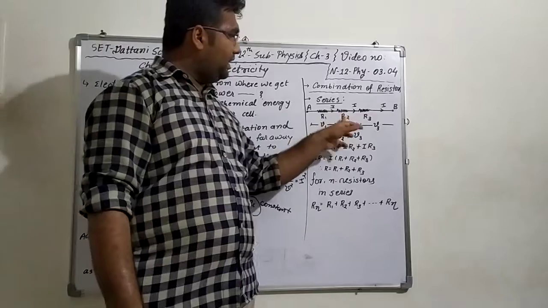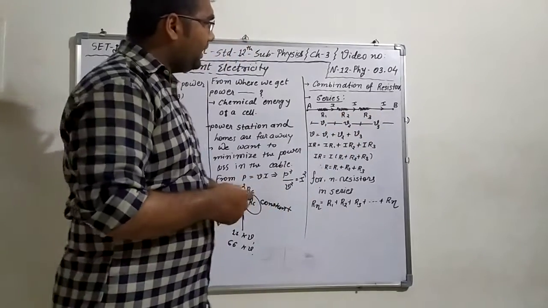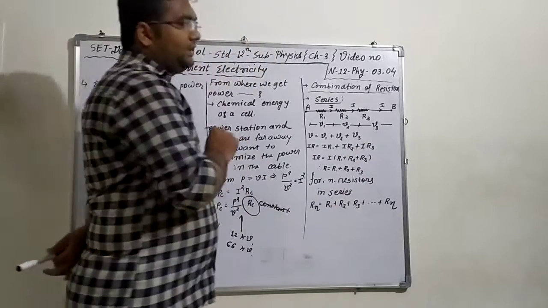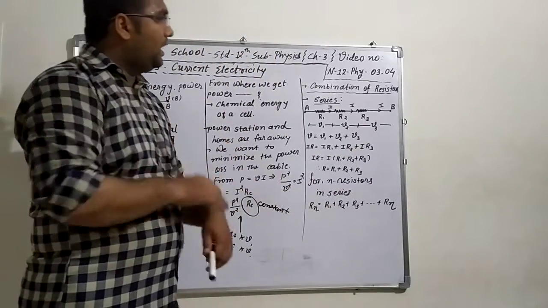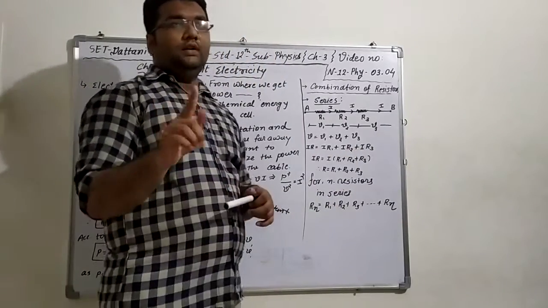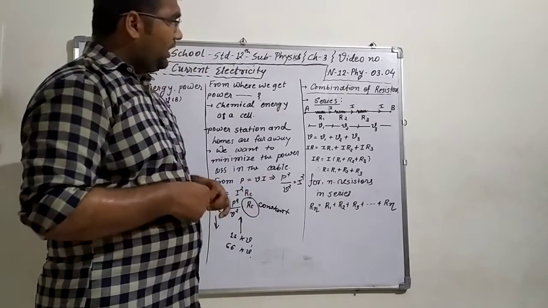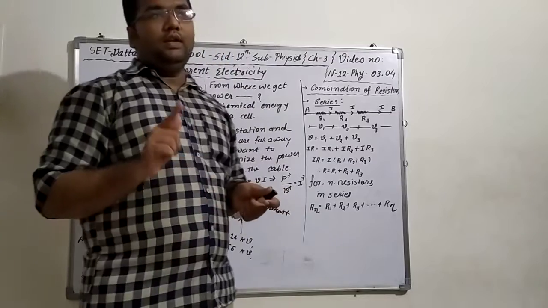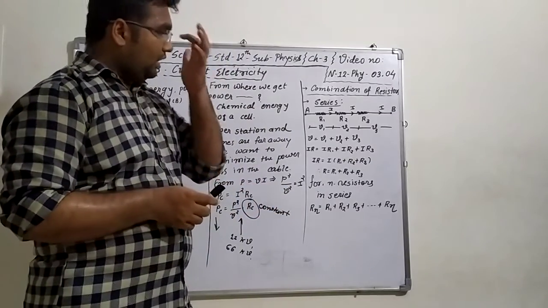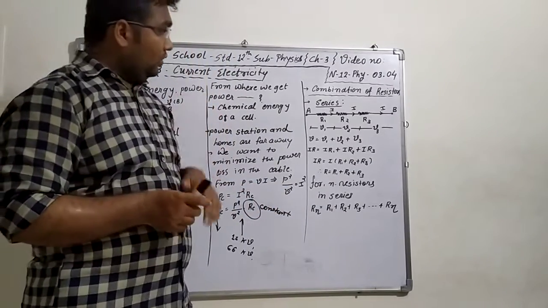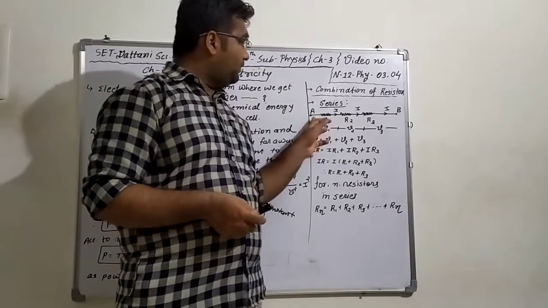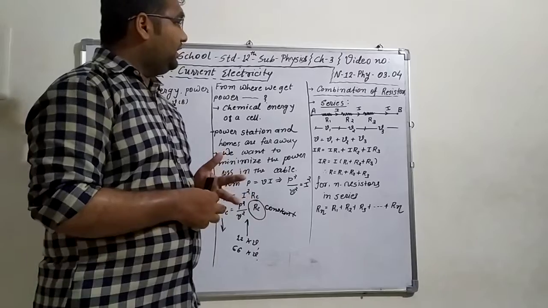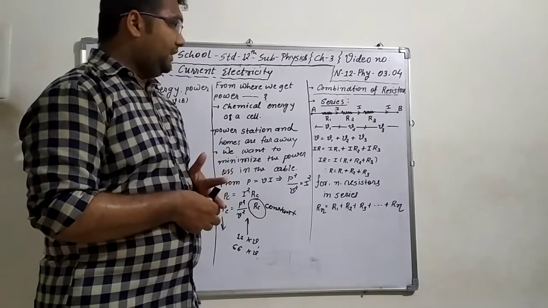You can see in the circuit diagram, between A and B, all resistors are connected end to end, and there is only one path for current to go through the conductor from end A to end B. That is called the series connection of resistors.